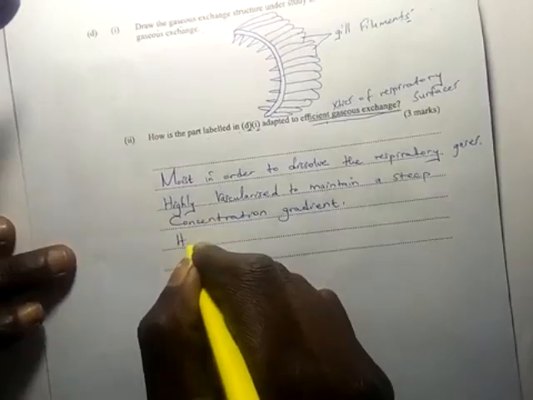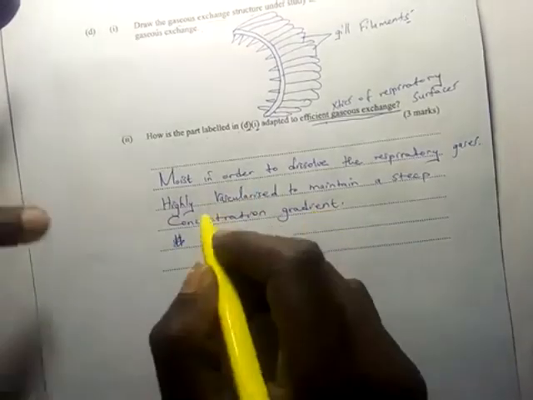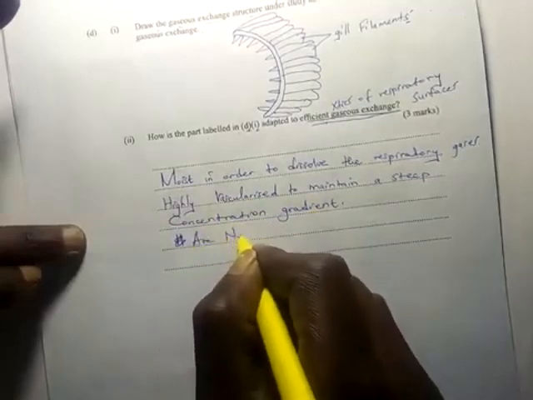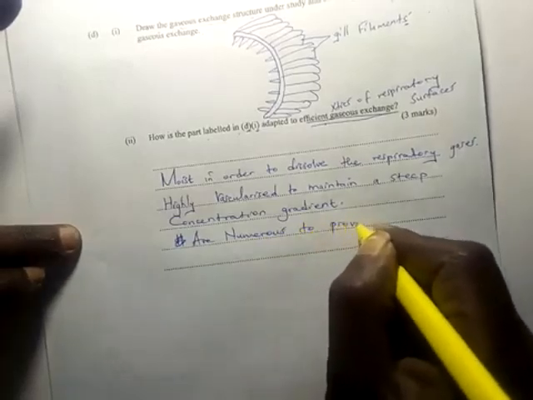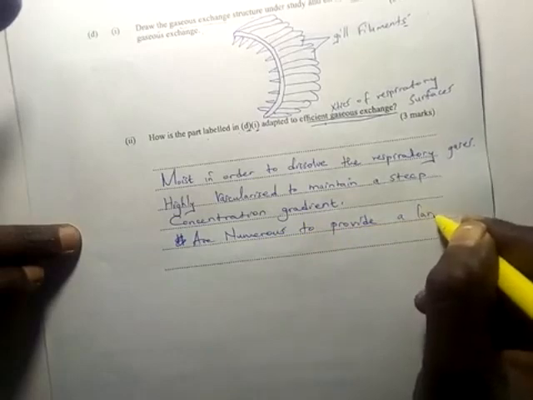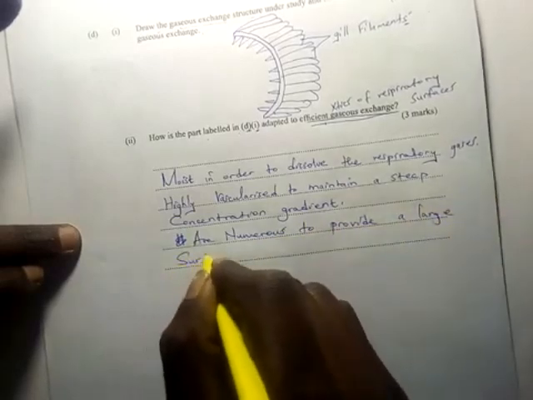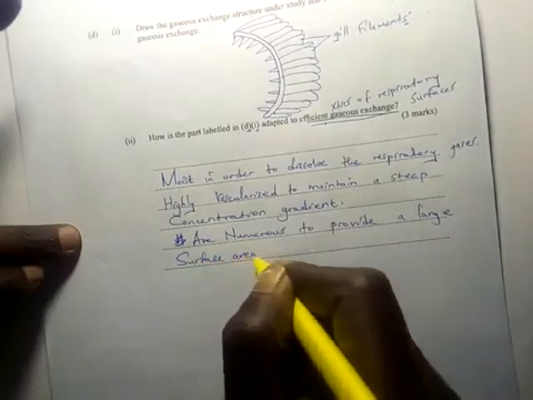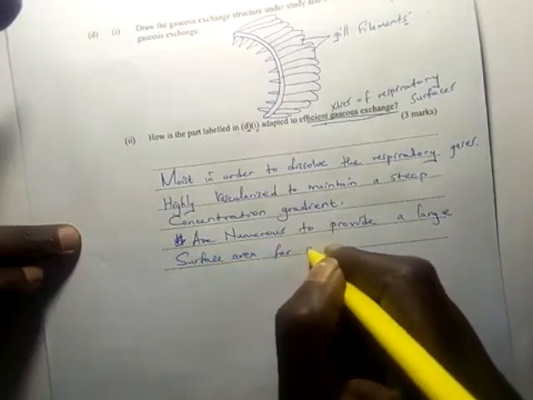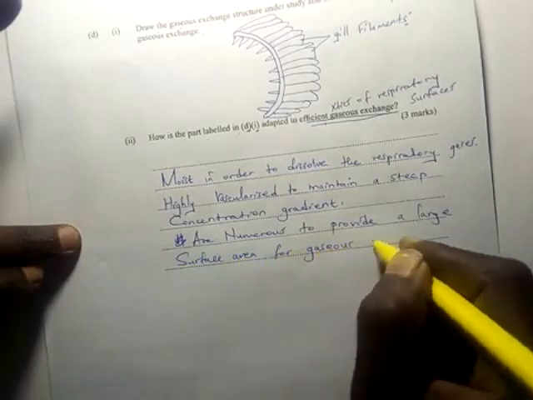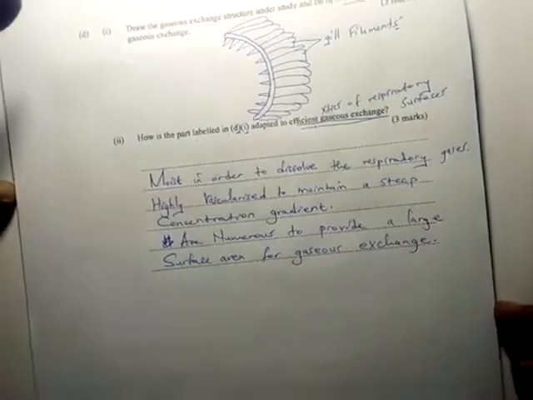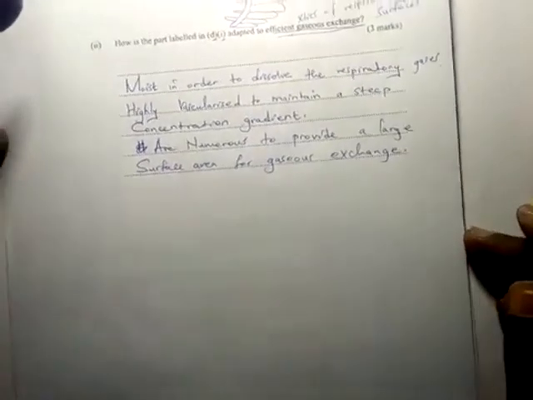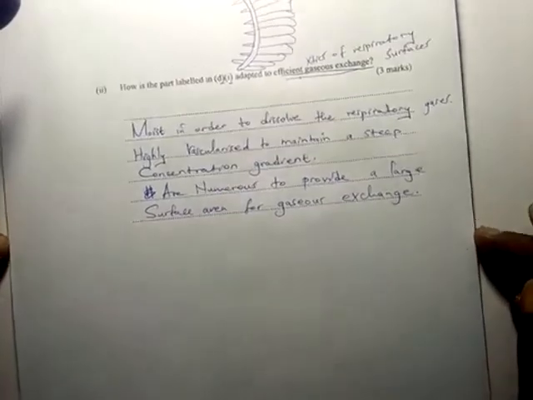And then you can say they are numerous, or there are many, to provide a large surface area for gaseous exchange. Yeah, that's what you are required in 2016 to get all the marks.